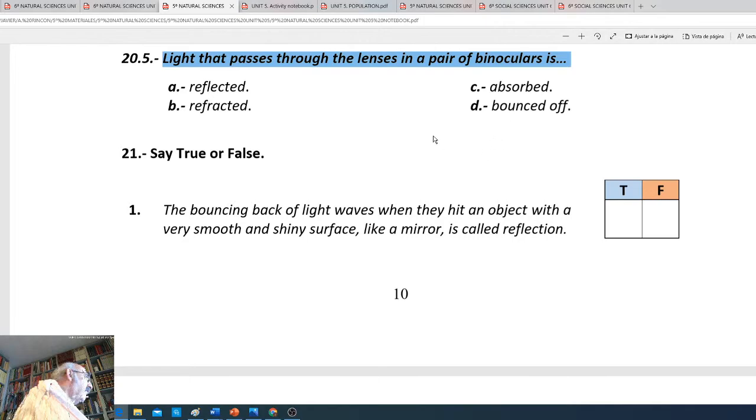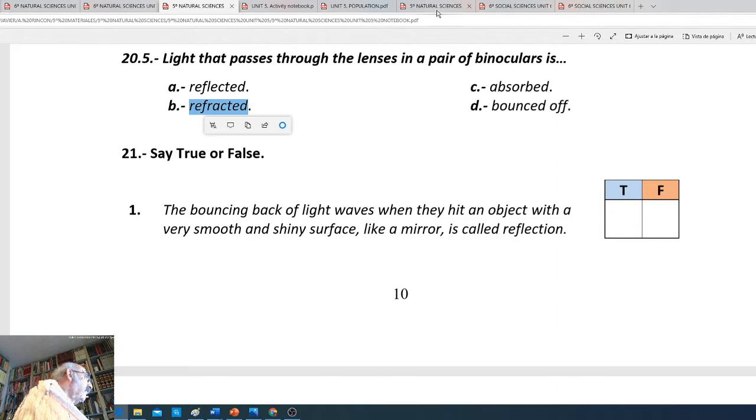It's not absorbed. In a pair of binoculars, you can see through them. So if you can see through them, this is not reflected, this is not absorbed, this is not bounced off. It must be refracted. Okay, this is the correct answer.